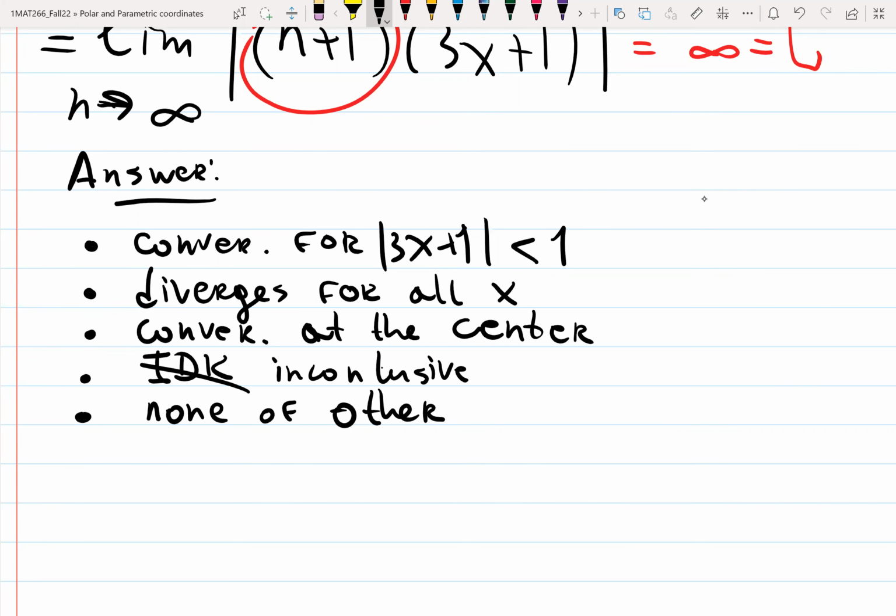Okay, so what should we do about that? What do you think? Post in the chat. I'm kind of curious what you're going to say. What do you think we should choose? Should I number them A or B or C or D or E? Which one would you choose?